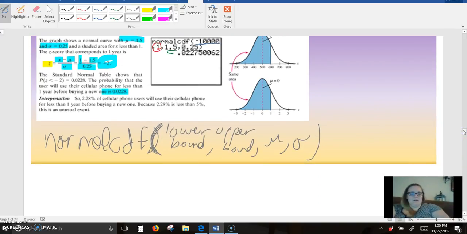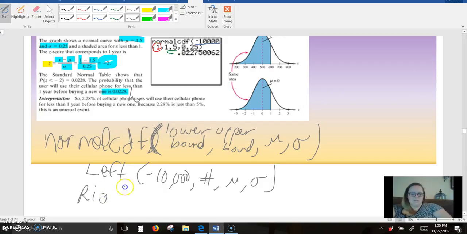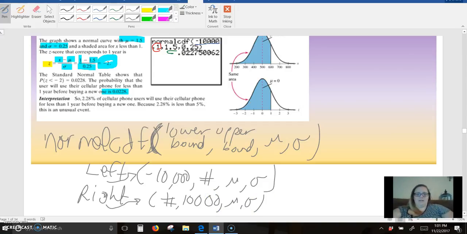If it's left, like something is less than, then you're going to do -10,000, and then the number, and then mu, and the standard deviation. If it's right, you're going to do the number, 10,000, mu, and then the standard deviation. Those notes should help you out on what and when you type in.